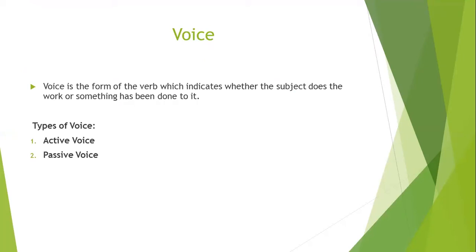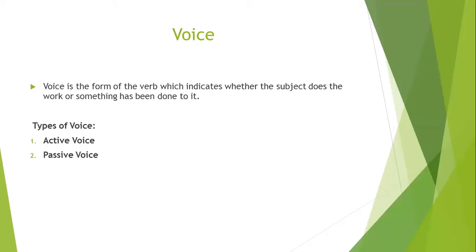So let's start our topic, that is voice. In order to change voice, first of all, you need to learn what voice is. Dear cadets, this voice is not the voice that comes out from your throat. Rather, this voice is the form of the verb which indicates whether the subject does the work or something has been done to it.